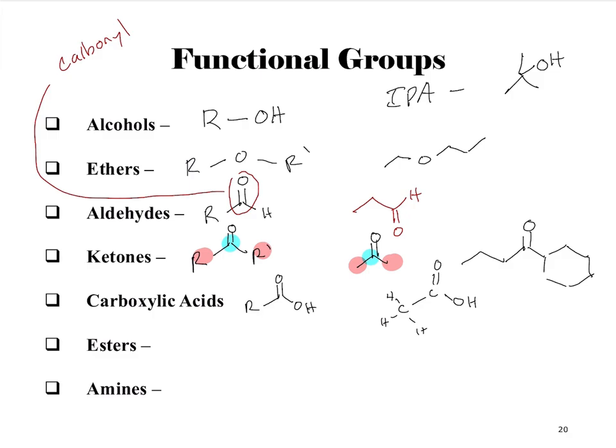Esters are a combination of a ketone and an ether, and they're broken up into a carboxylic acid side and an alcohol side. And the reason they're defined that way, right?